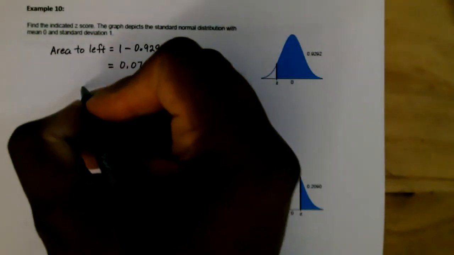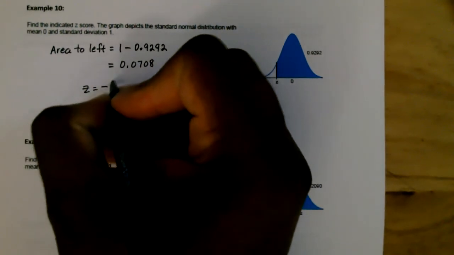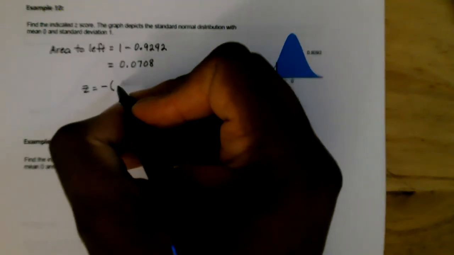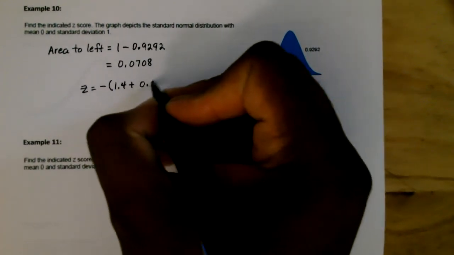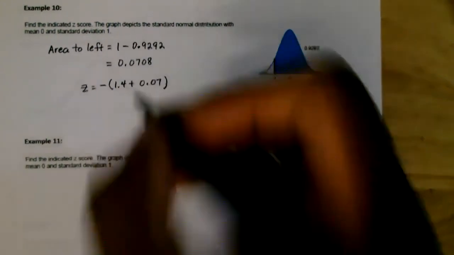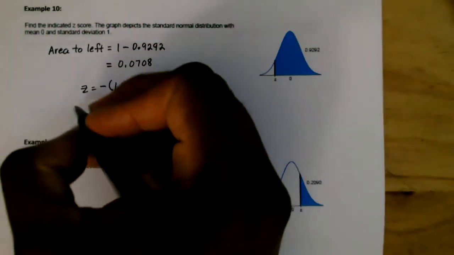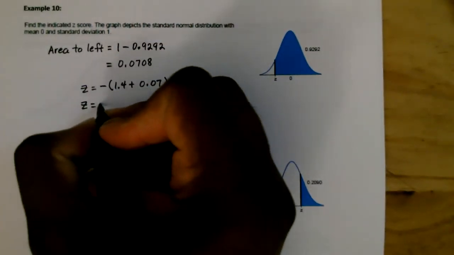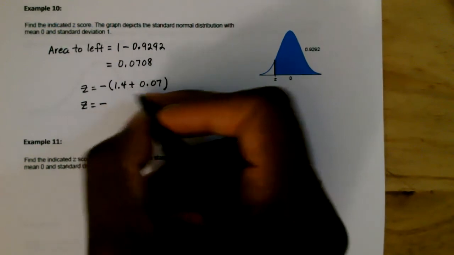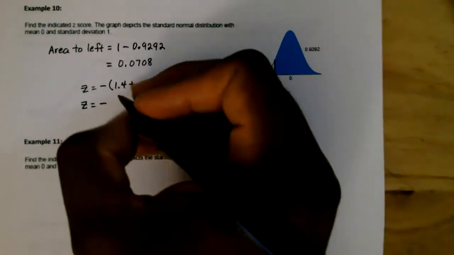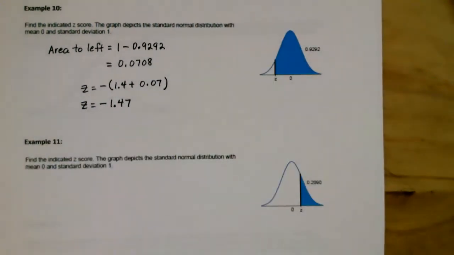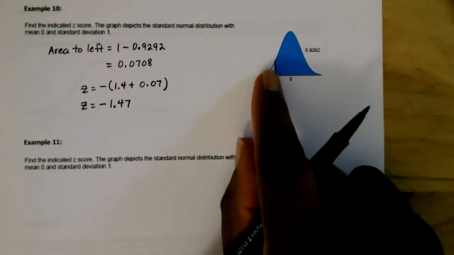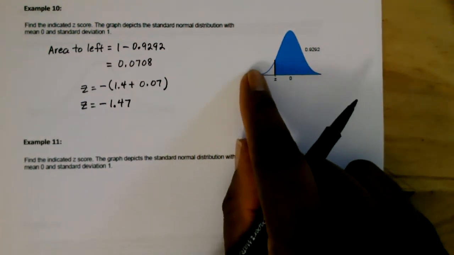So the z is going to be negative, and I'm putting this in parentheses, 1.4, and then plus 0.07. So my z is going to be negative, and if I add 1.4 to 0.07, that would be negative 1.47. That's the z value that corresponds to the area to the left.